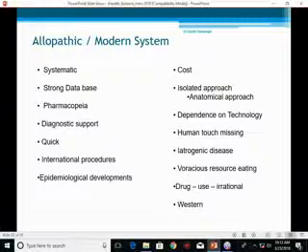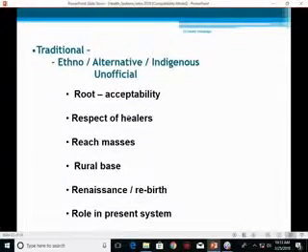A lot of resources are eaten up by irrational drug use in the Western system. Then the traditional system, also called ethnic, alternative or indigenous, has roots, acceptability, and respect for healers; the traditional practitioners are well treated, and it reaches the masses, with a rural base.